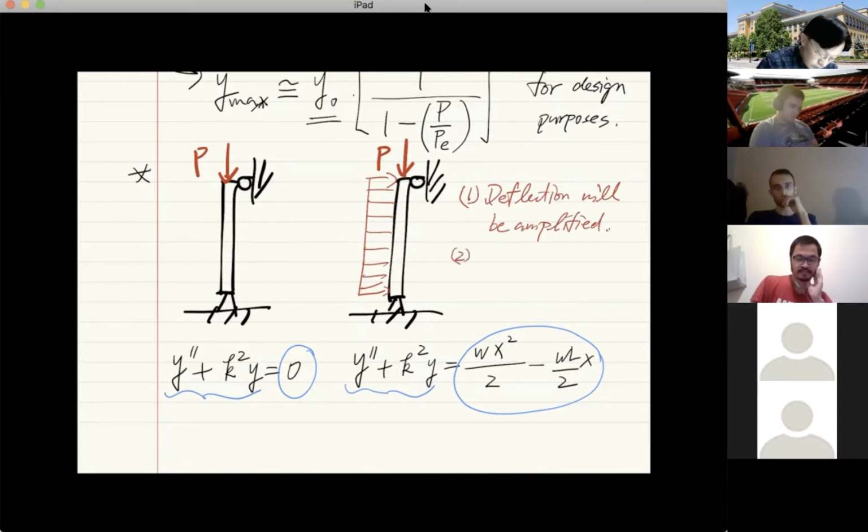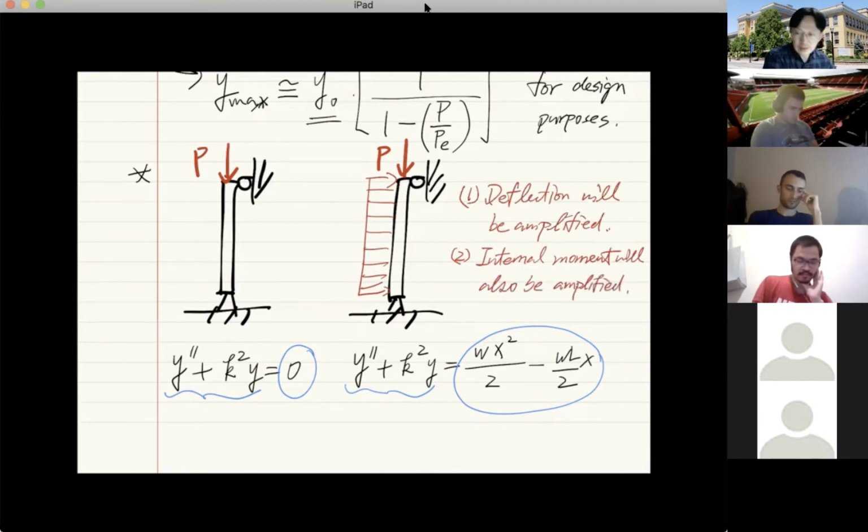Next one is internal moment. Will also be amplified because of the non-zero terms on the right-hand side of the equation.